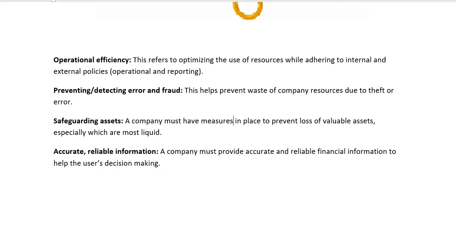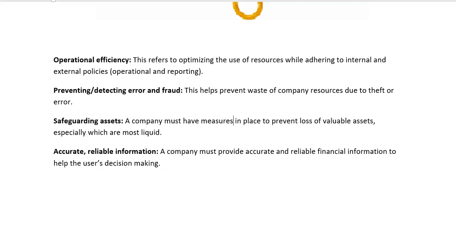But imagine if you're a cashier and you have access to cash. It's very easy to steal cash because it's hard to prove whose cash it was in the first place. And second, it's quite easy to pocket it and leave, unlike a big bulky piece of machinery. So having good internal controls helps you safeguard your assets.